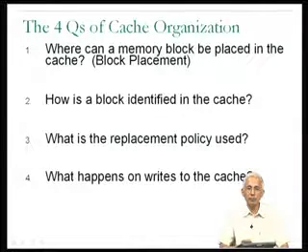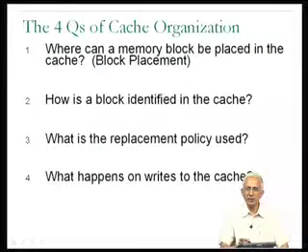We know about replacement policies from our discussion of virtual memory. We realize that in the case of the relationship between cache and main memory, replacement is a much more important consideration because of the enormous size disparity between the cache and the main memory, and we suspect that there may frequently be situations where there is a cache miss and a block has to be replaced from the cache in order to make place for the block which has to be fetched from main memory into the cache in order to satisfy the processor's address request.